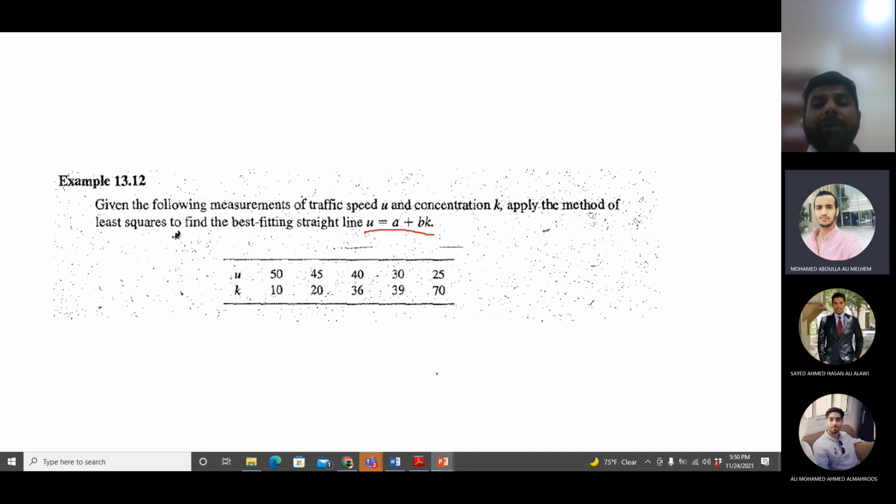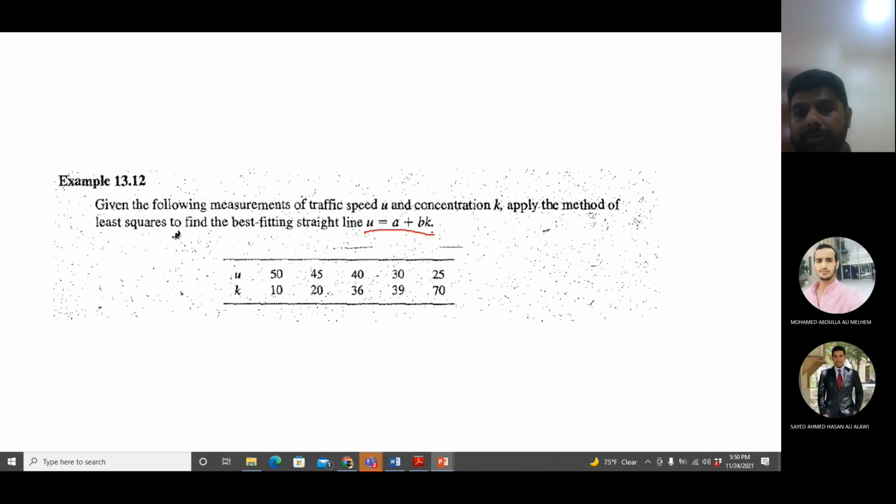Input is the independent variable. Input is always the independent variable, the explanatory variable. K is explaining the value of u. If you want to remember it like this: you have to put k in the equation to get u. So u is dependent upon k and k is independent, or k is explaining the value of u because k goes into the equation of u.